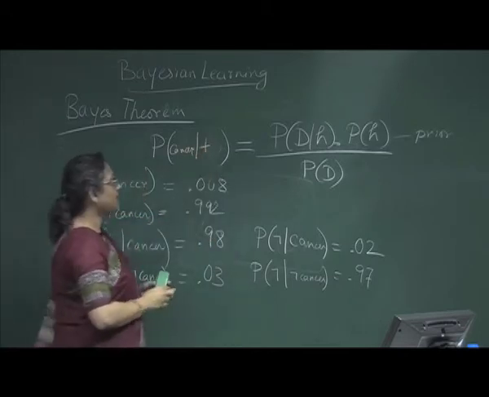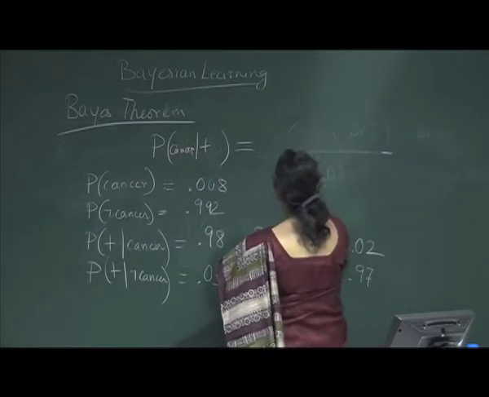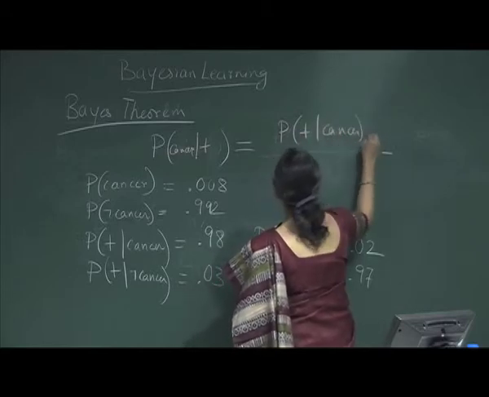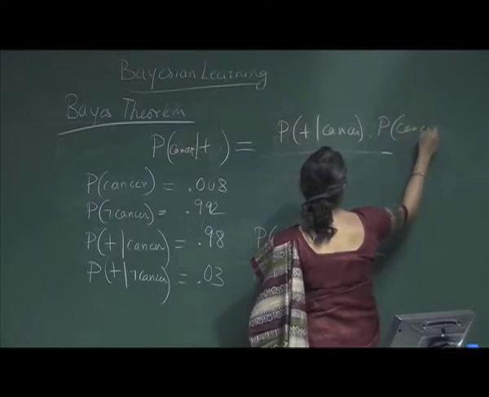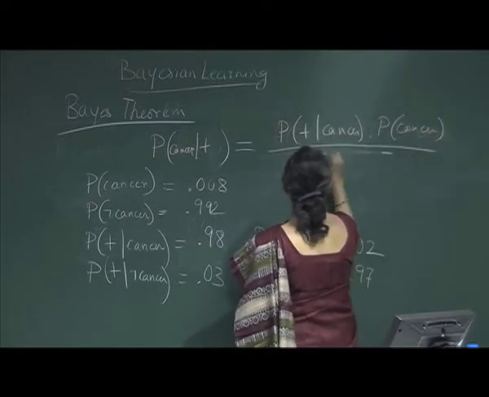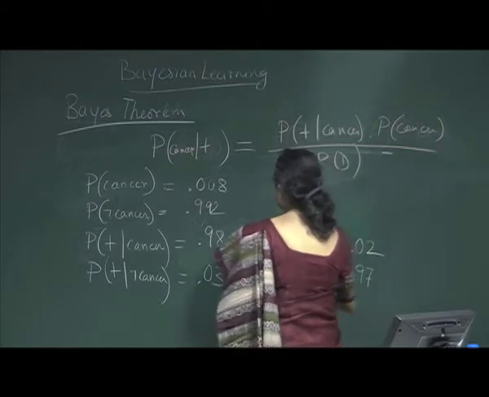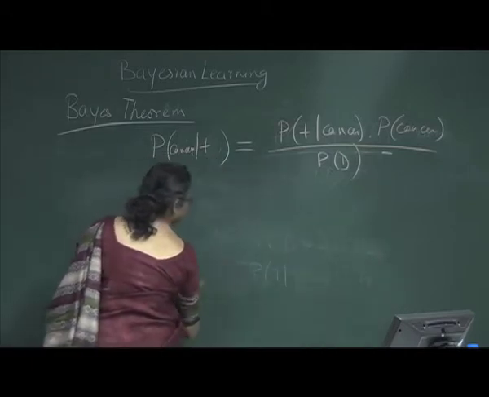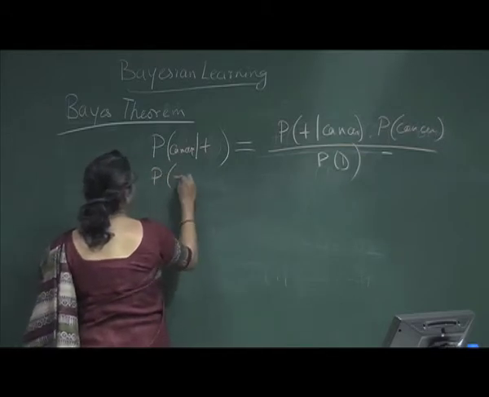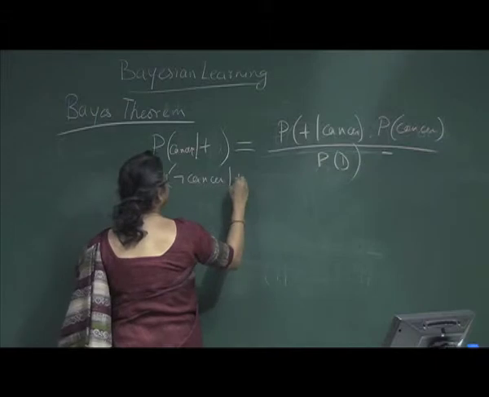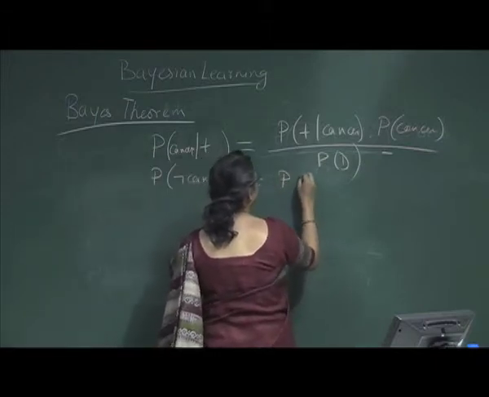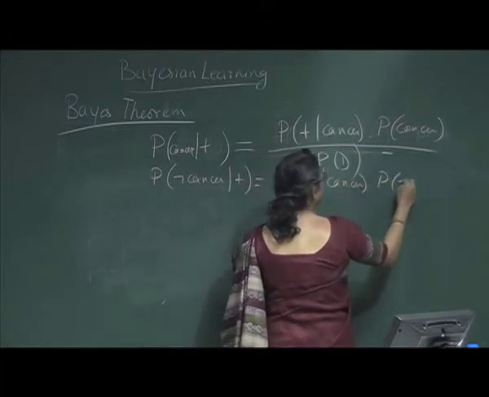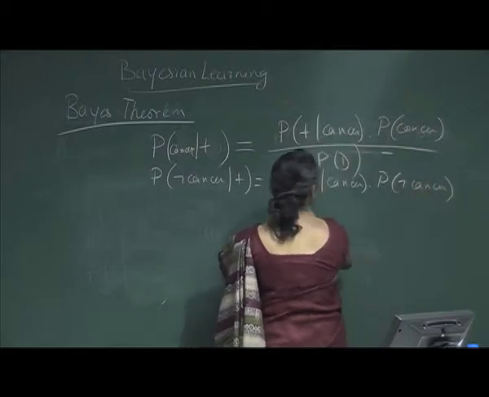This is given by probability of positive given cancer times prior probability of cancer divided by probability of the data. Similarly, you can write probability of not cancer given that the test is positive equal to probability of test being positive given not cancer times probability of not cancer divided by probability of the data.